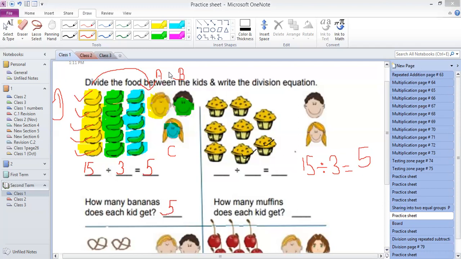Good, good. Okay, can you tell me, if you divide these muffins into 2 kids, how many will one get? 1, 2, 3, 4, 5, 6, 7, 8. How many cakes? 8 cakes.